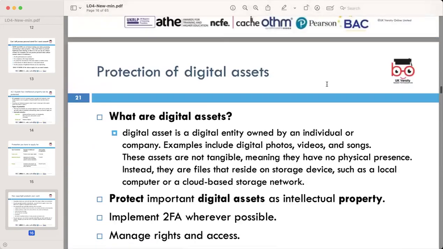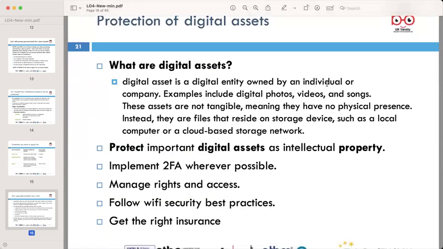Protecting digital assets. What are digital assets? Non-tangible entities owned by individuals or companies, encompassing items like digital photos, videos, and songs. These files reside on storage devices, including local computers or cloud-based networks.